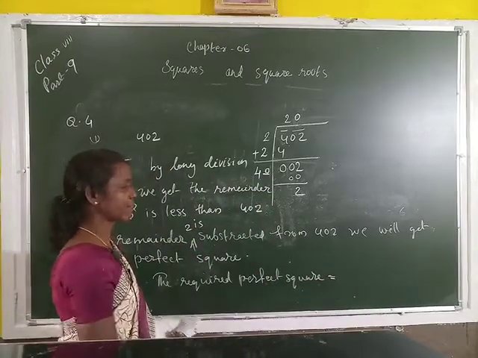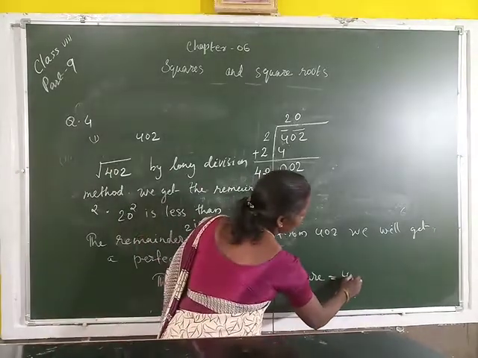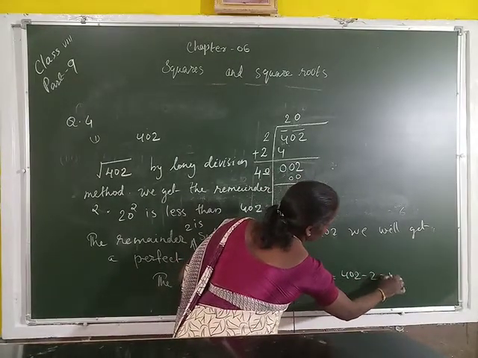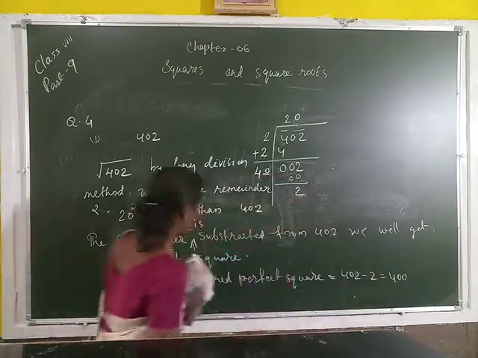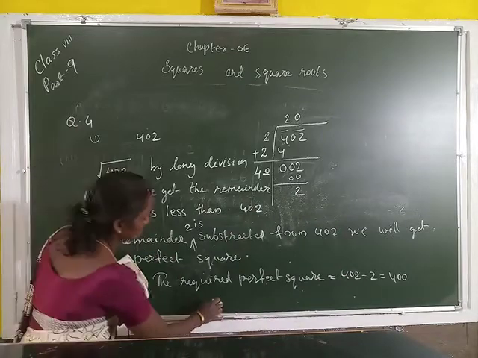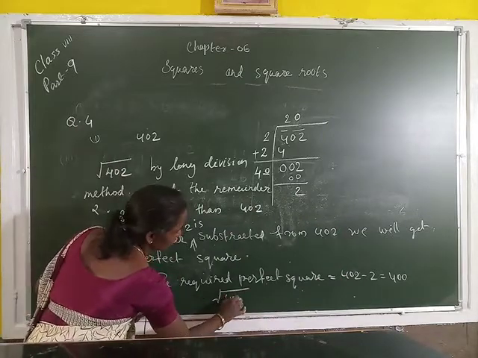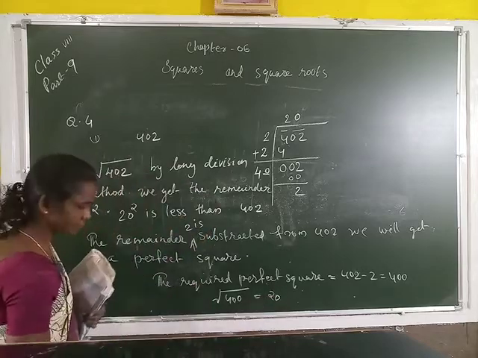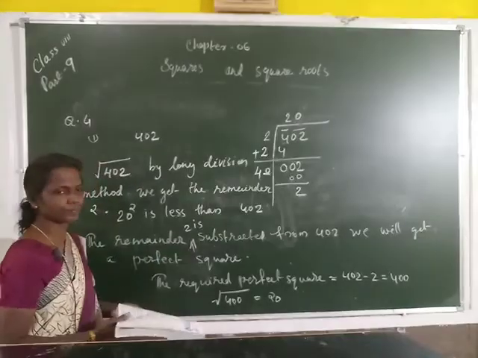The required perfect square is equal to 402 minus 2, which is equal to 400, and the root of 400 is equal to 20. Is it clear?